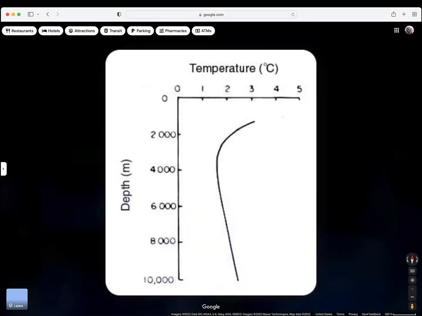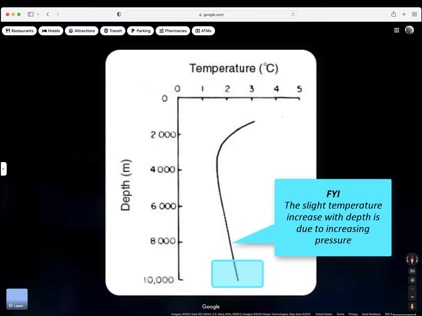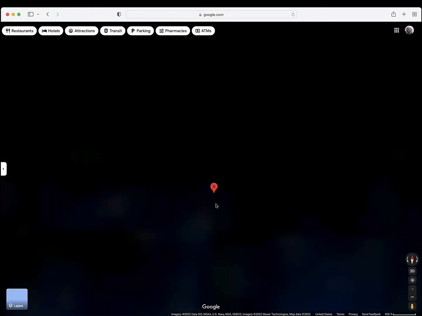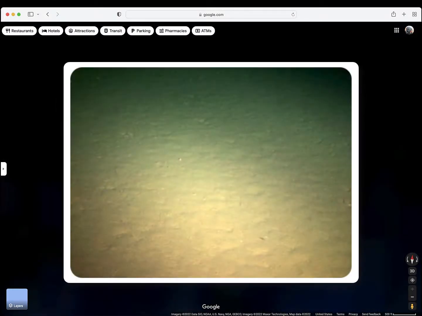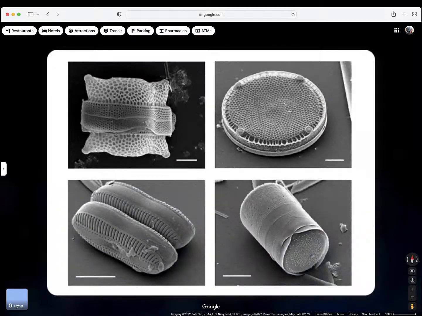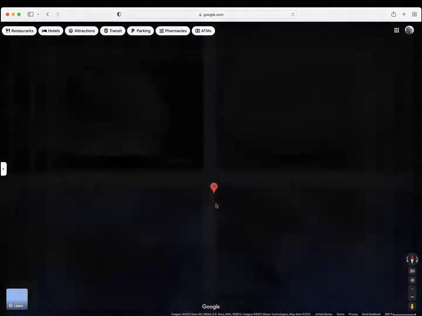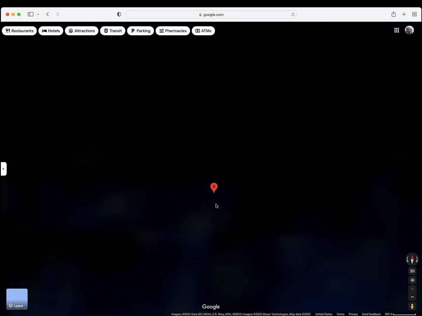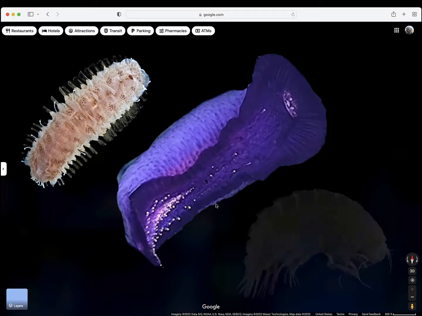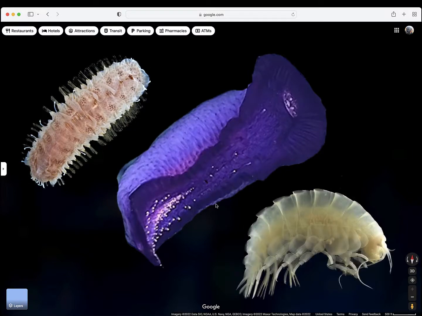It's also cold at the bottom, with water temperatures ranging from 1 to 4 degrees C. The floor of the Challenger Deep is layered with fine-grained sediment and very fine-grained diatom-rich siliceous ooze. Sea life is sparse, but includes sea cucumbers, scale worms, and shrimp-like amphipods.